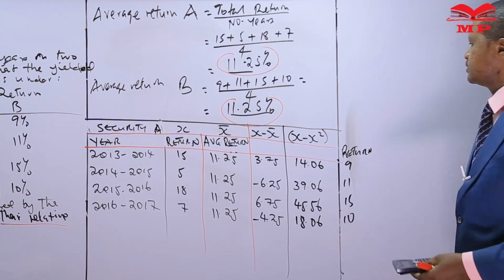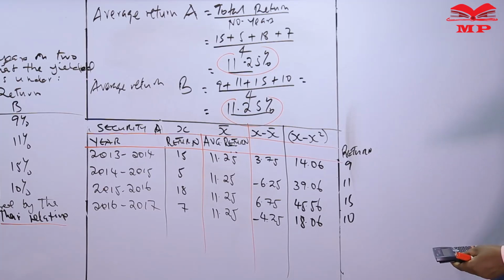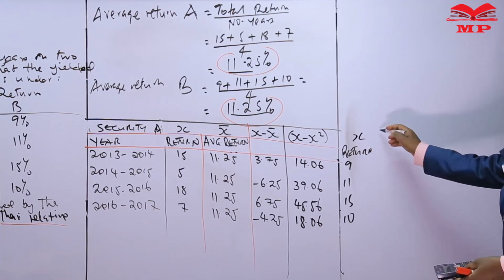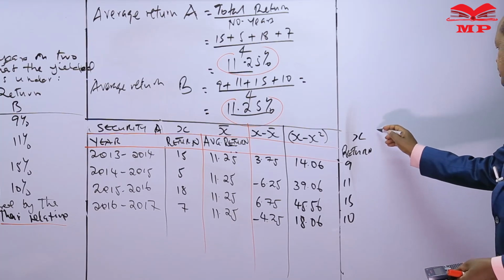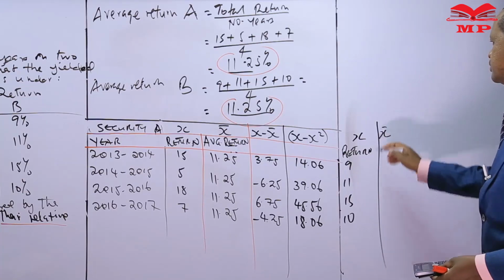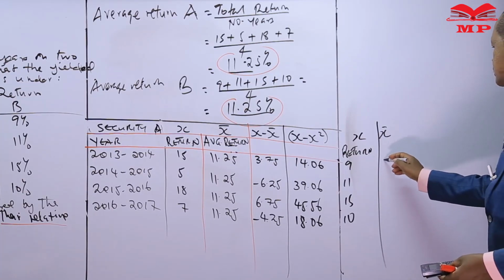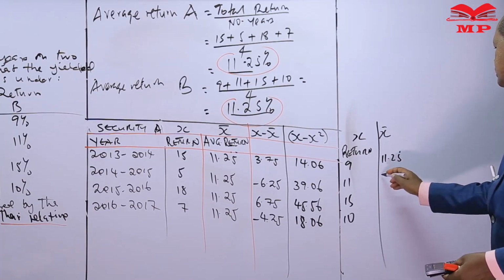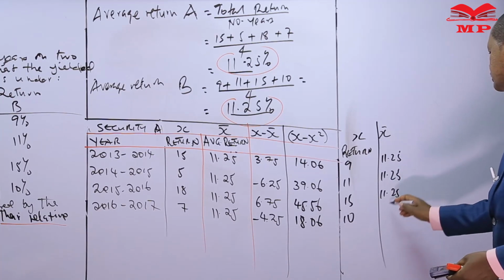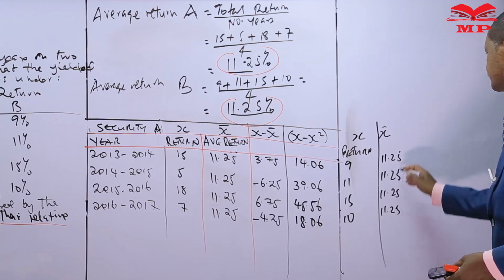Then the average return, X bar, is 11.25.